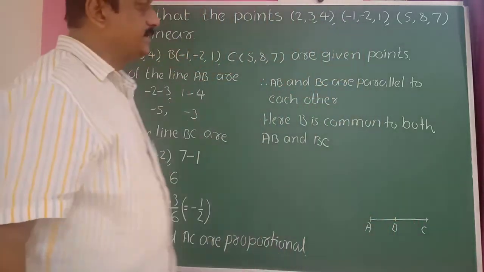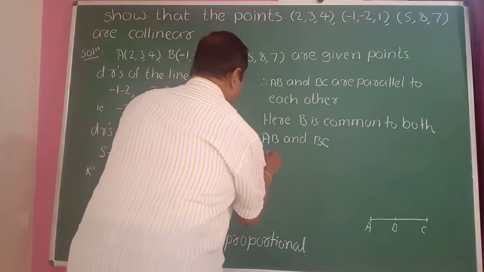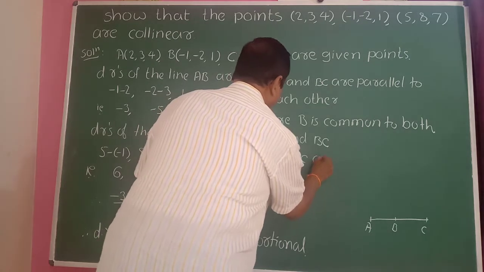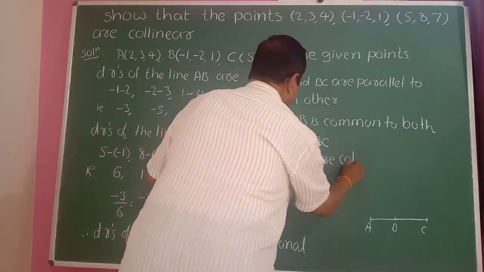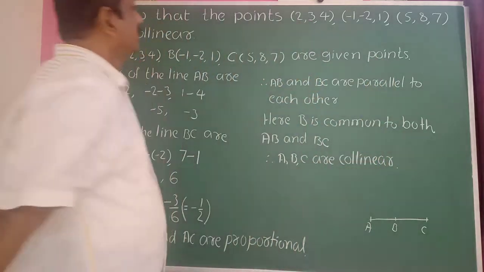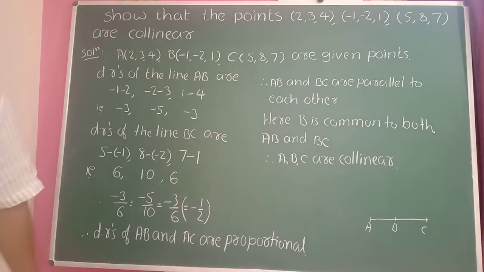Hence A, B and C are collinear. So this is the solution.